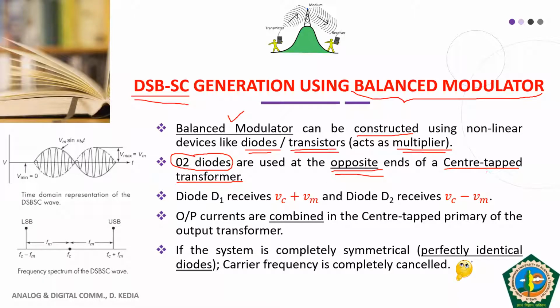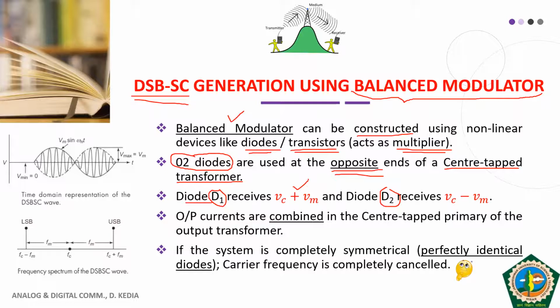Since we are using two diodes, they are named D1 and D2. At the input of diode D1, we supply VC plus VM.